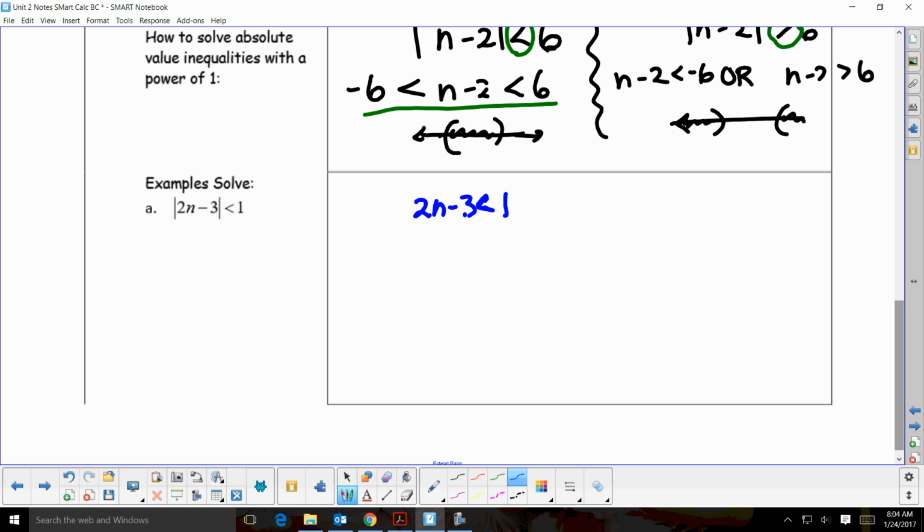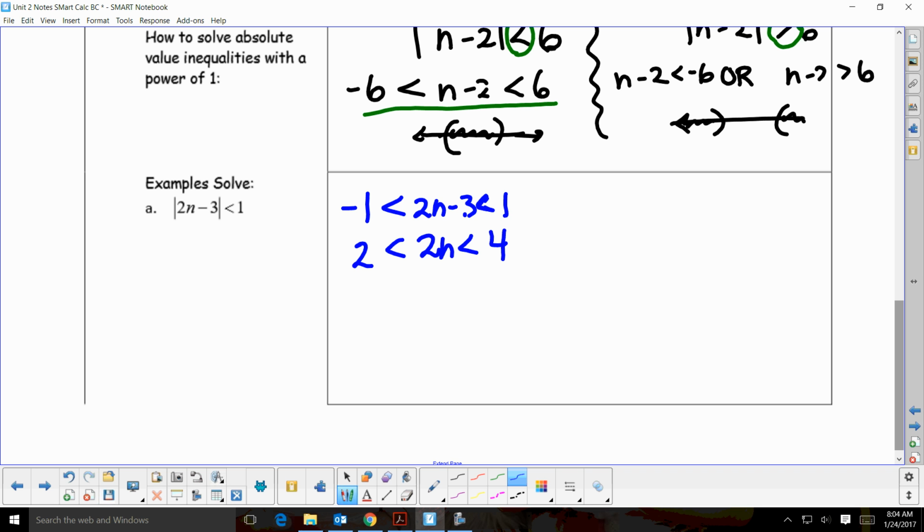So this is less than 1, but greater than negative 1. Get n by itself in the middle. So what do I have to do to all 3 parts? Plus the plus 3. So add 3 and this is a 4. Add 3 and this is a 2.